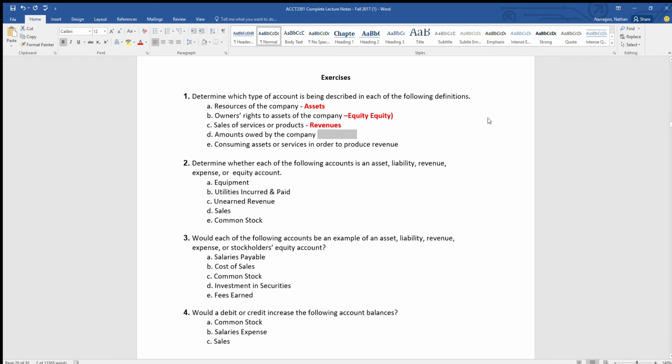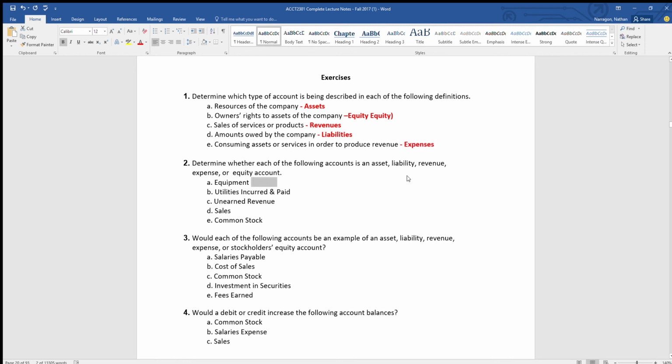Amounts owed by the company, that's a liability. And then consuming assets or services in order to produce revenue, that is an expense. Basic definition of expense.